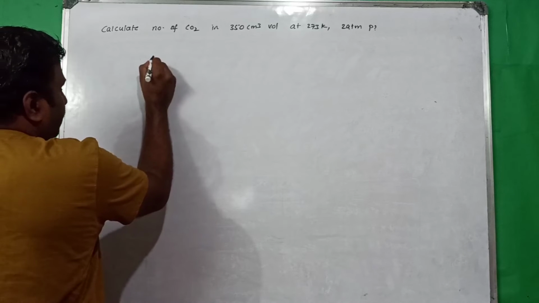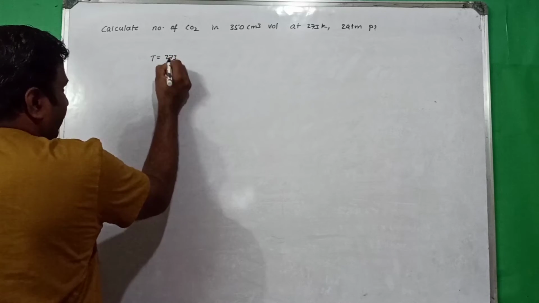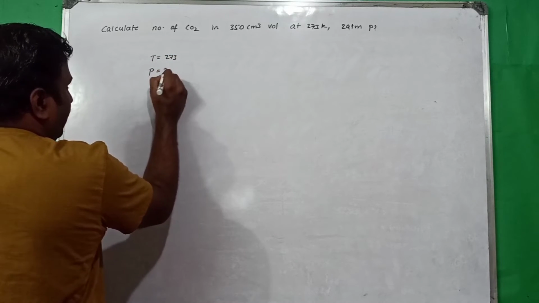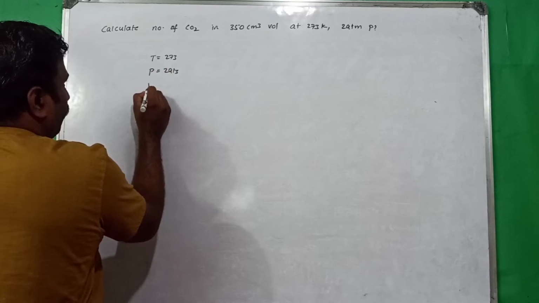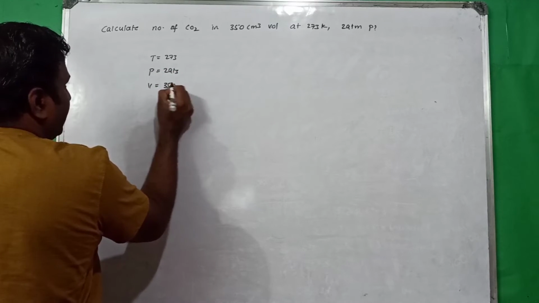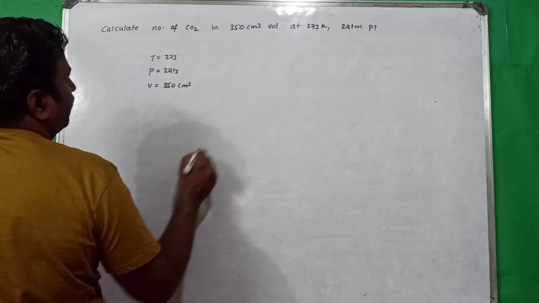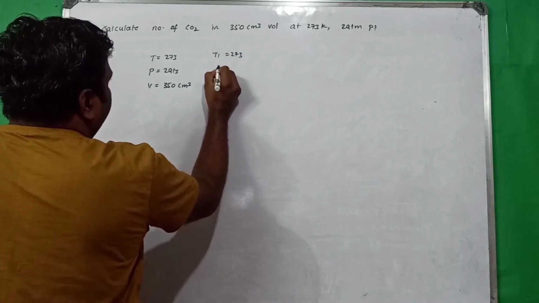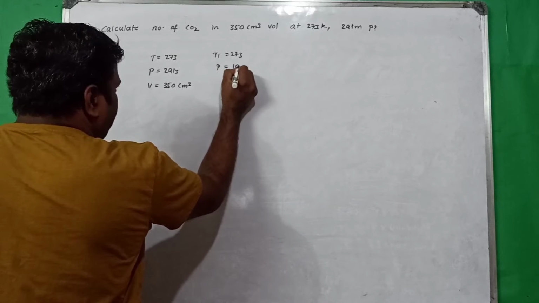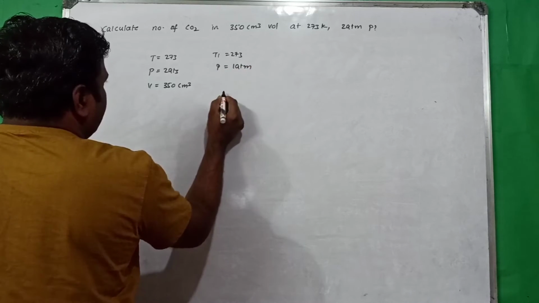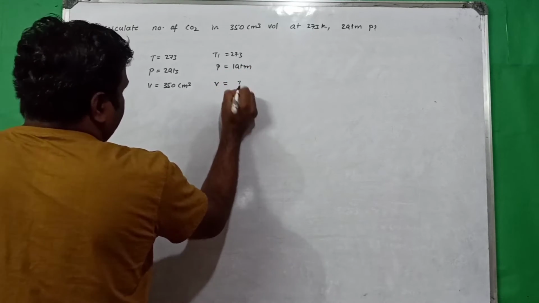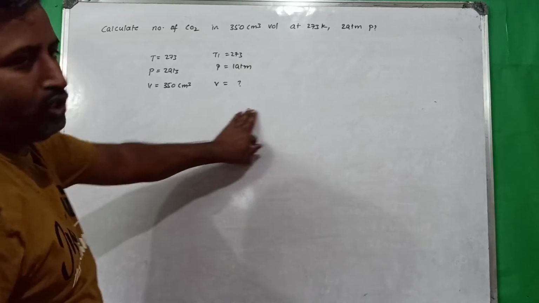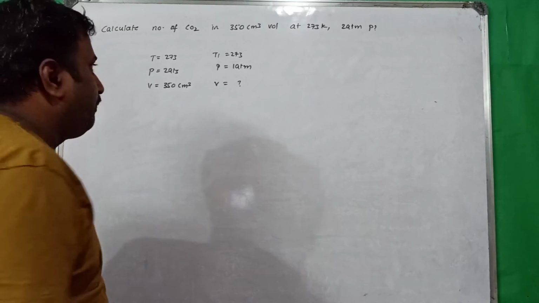So given data: temperature 273 Kelvin, pressure 2 atm, volume 350 centimeter cube. If you take temperature 273 and pressure 1 atm, that means STP condition. I am converting the given condition into STP condition to find the volume.